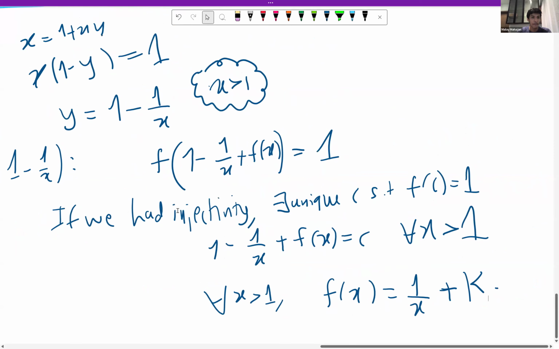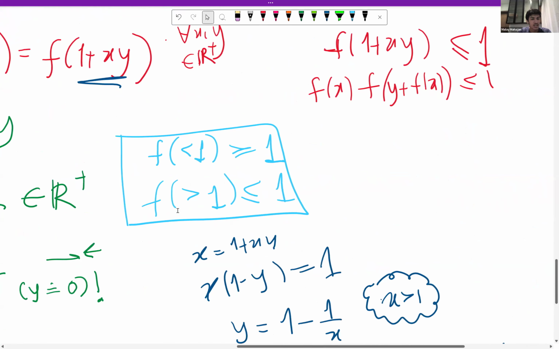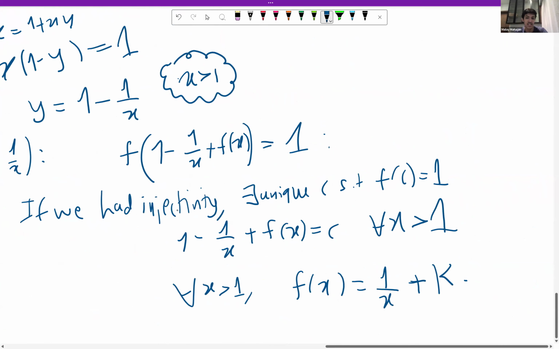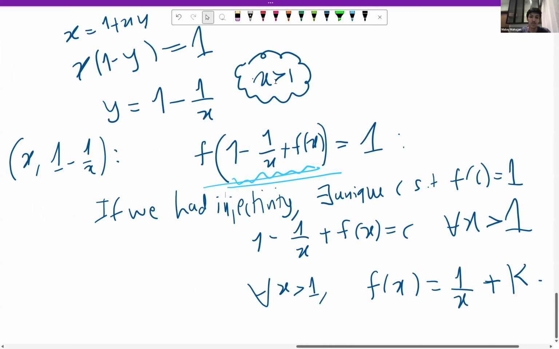If we have injectivity, then because of this equation and injectivity, there would exist a unique c so that fc is 1. Then this thing must be equal to c, because it outputs to 1. So we would just get f of x is 1 by x plus k. Yeah, and now just try to put, then if you can force k to be 0, you can even get it for smaller values.